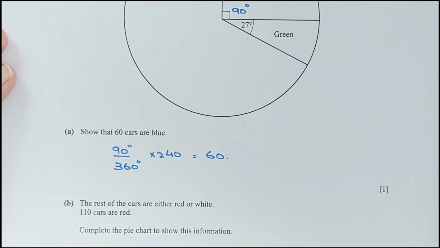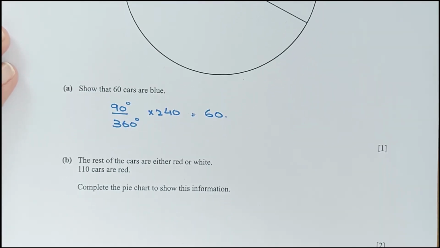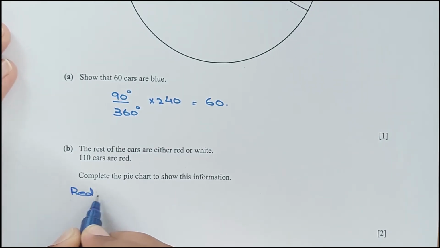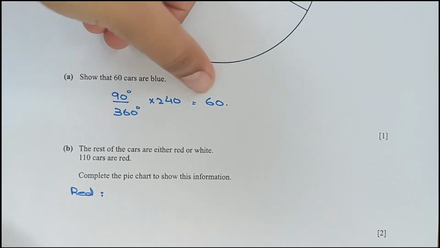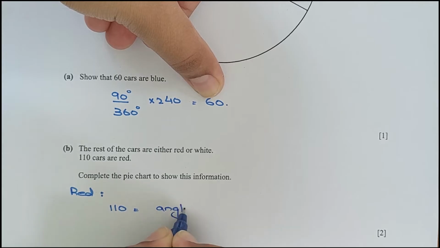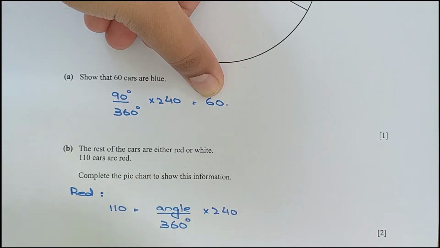Okay, let me find the angle for the red cars, right? So we are given that red cars are 110. So red cars, 110, equals the angle divided by the total pie chart, which is 360, multiplied by 240.